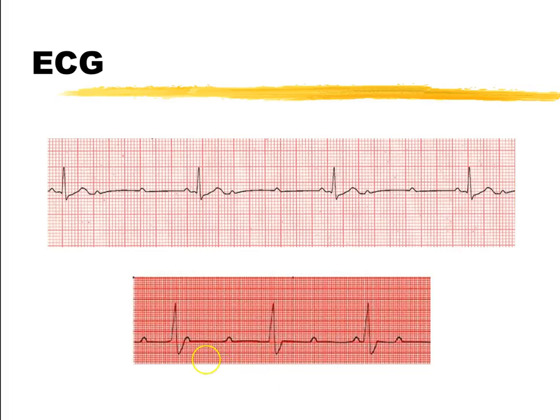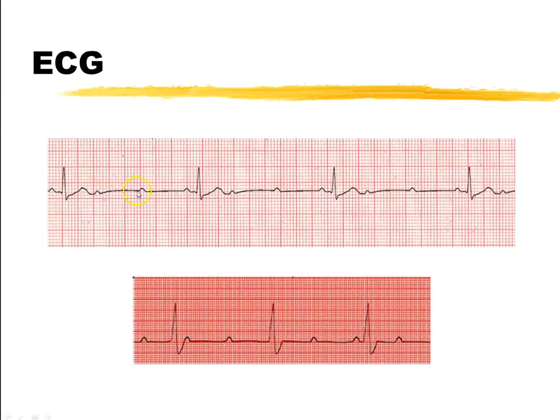All right, so I put a couple of these examples up here. Get your poor man's caliper out, and this is a 6-second strip, so we're going to count them 1, 2, 3, 4. So on this top one here, the rate is 40. Now let's look at the P waves and see what the atrial rate is. There's one there. Get your little piece of paper, make a mark right there and another mark right there, and slide it over to this one.